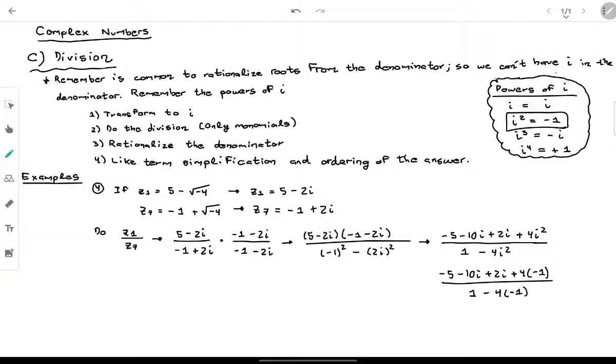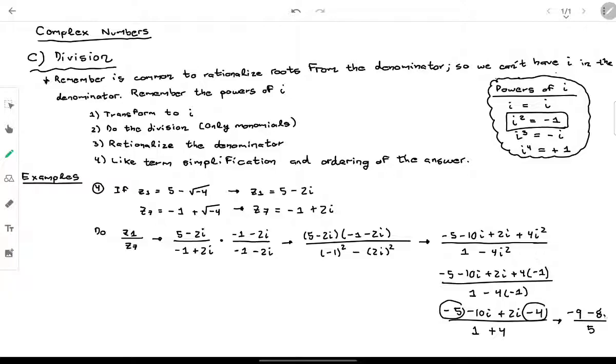So it's going to be minus 5 minus 10i plus 2i minus 4, all of it divided by 1 minus times minus, it's plus 4. That means our final answer on the denominator, 4 and 1, it's going to be 5. On the numerator, first the real numbers is going to be minus 9. Then the imaginary numbers, minus 10 plus 2, it's going to be minus 8.